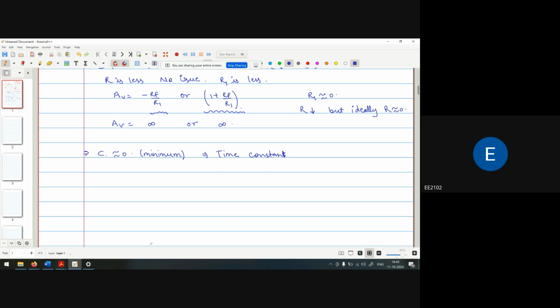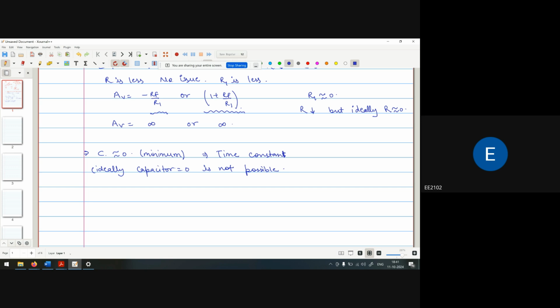But ideally, capacitor value 0 is not possible.